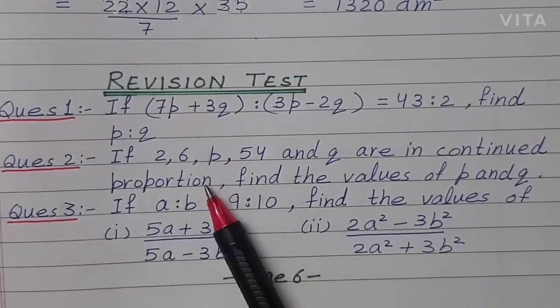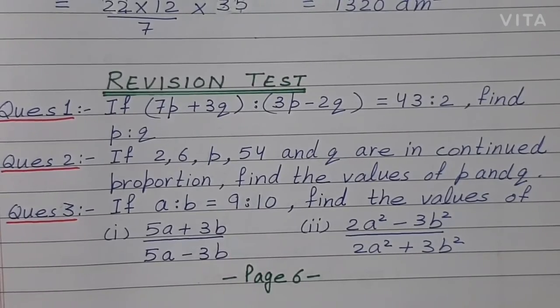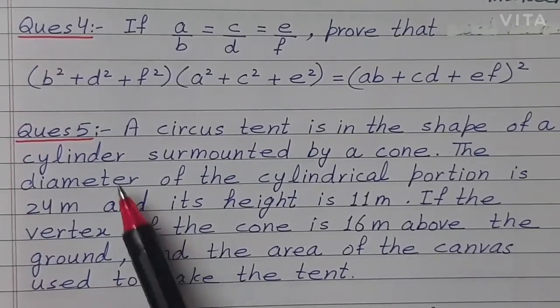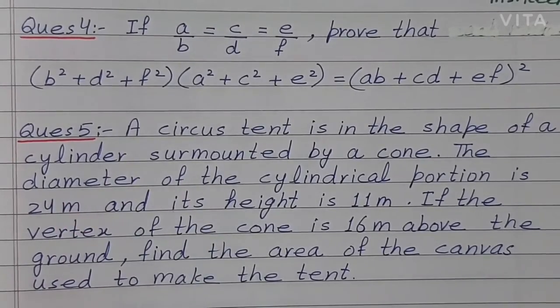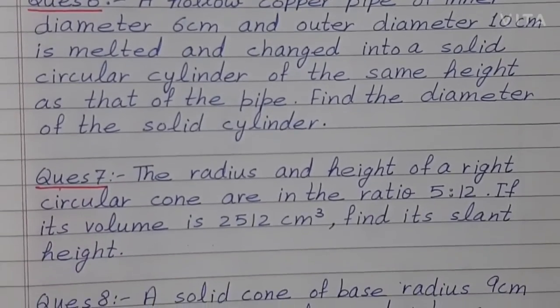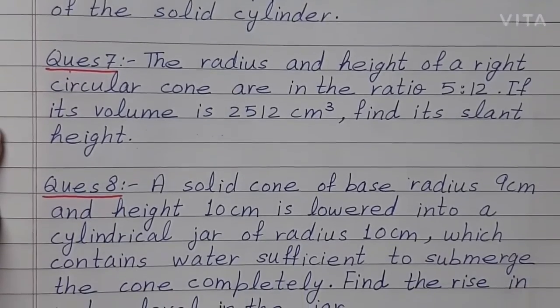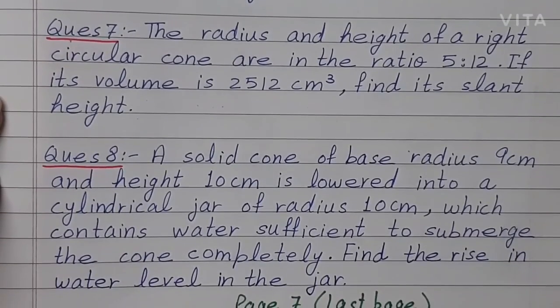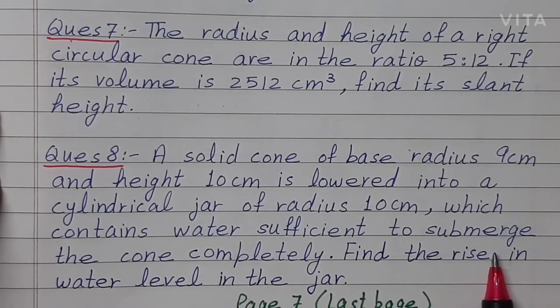The first 4 questions are based on ratio and proportion, and the remaining 4 questions, that is questions 5, 6, 7 and 8, are on three-dimensional solids. Students, try to complete these questions in 40 minutes. Clear? All the best. Thank you everyone.